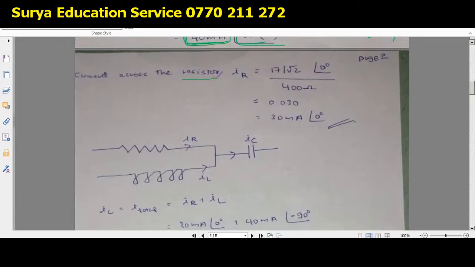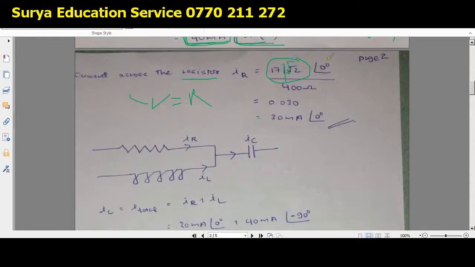For resistors it is the same. You are not going to talk anything about leading or lagging. So for resistors it is V equals IR. So no doubt. So what is the voltage? It is not 17, it is 17 divided by root 2, because you are going to consider the root mean square value.